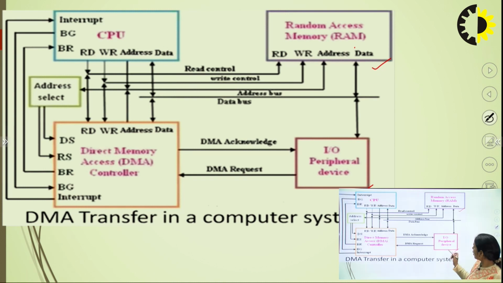Firstly, the input output device will send a DMA request to the DMA controller. This is the hardware for DMA transfer.